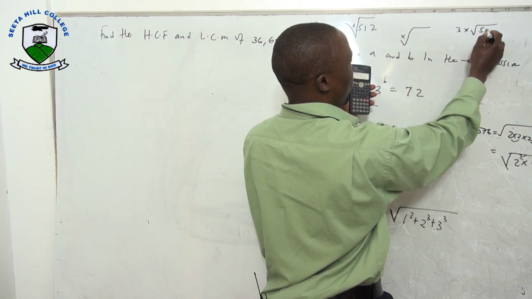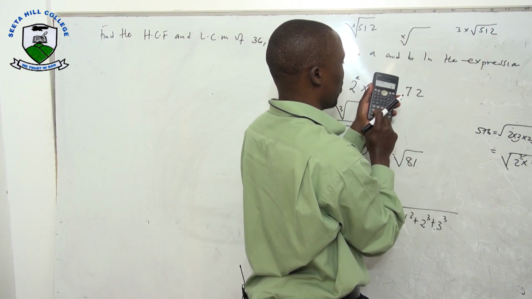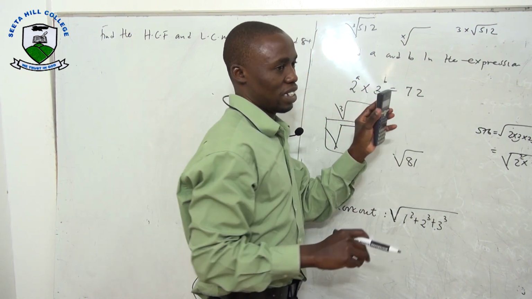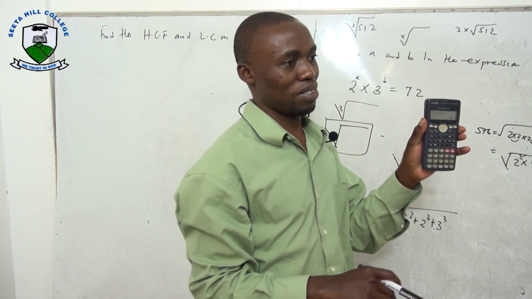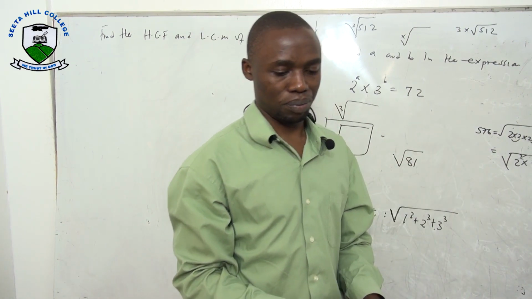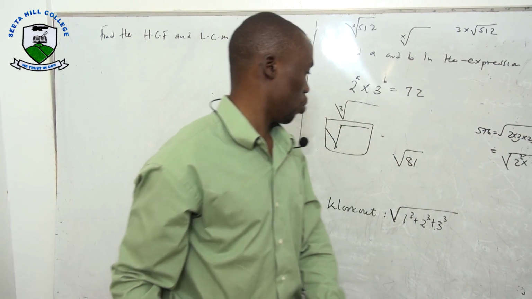Then you put your value 512, which gives you 8. Do you get that? I wanted you to learn that.